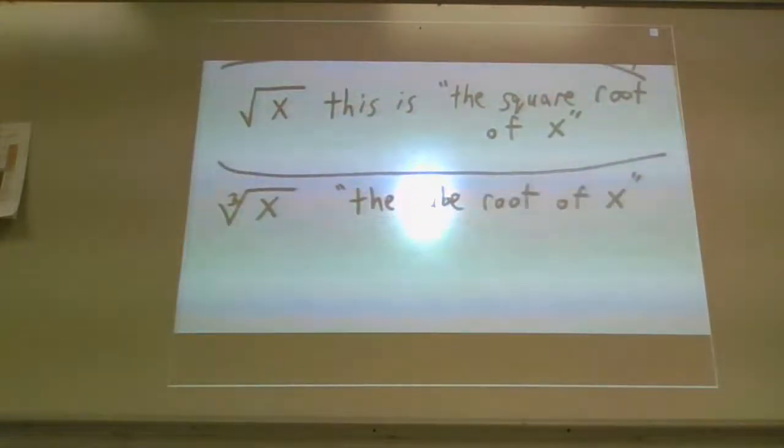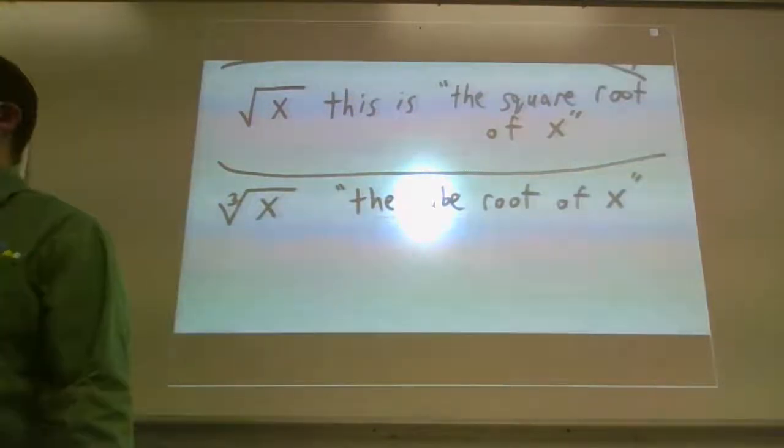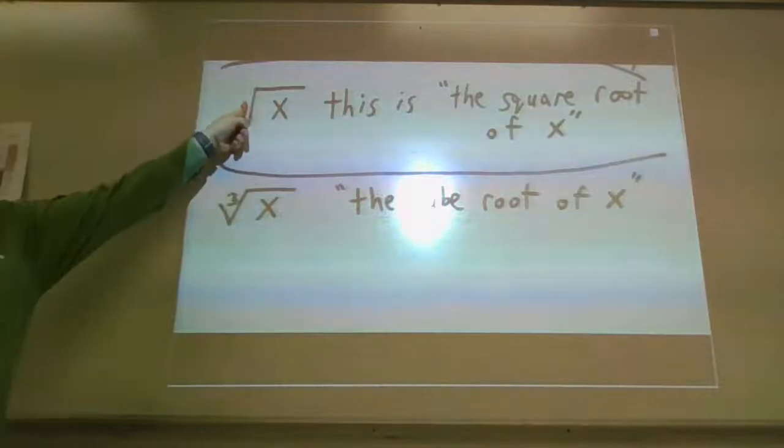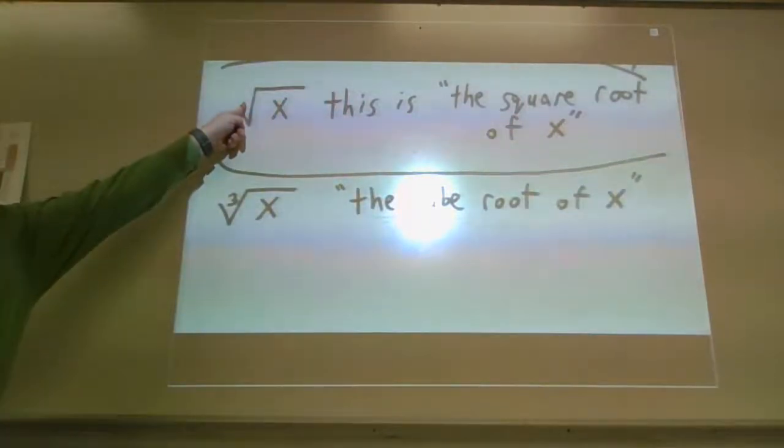See, the thing is, as he was implying earlier, that little number does change something. Typically, you assume that that is a square root symbol. Well, it's only a square root symbol if there is no number in this spot.